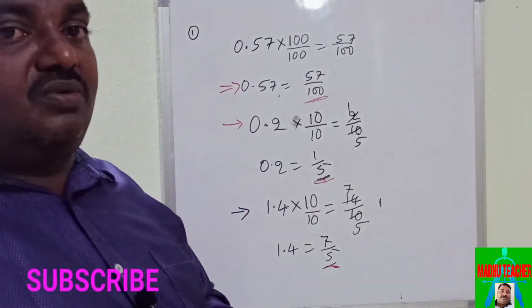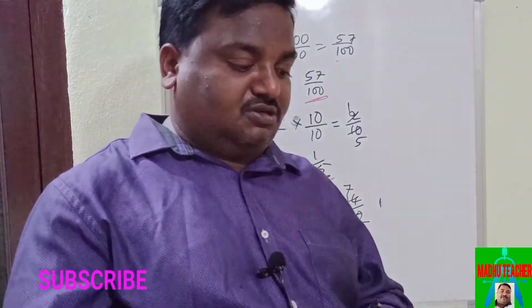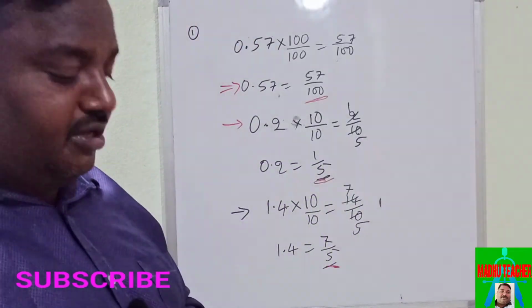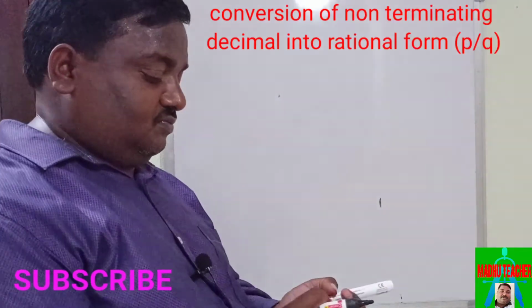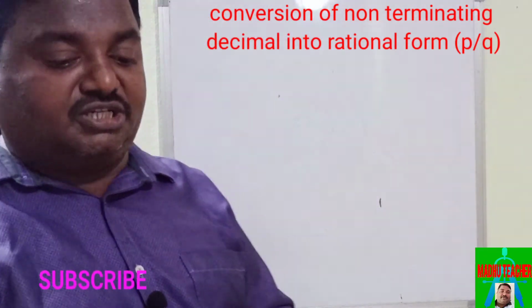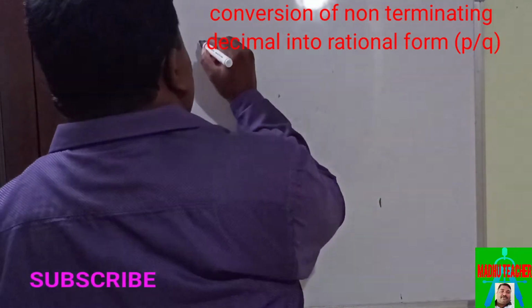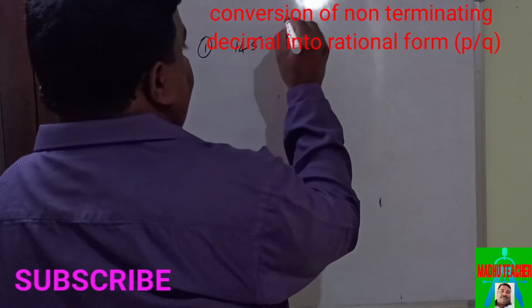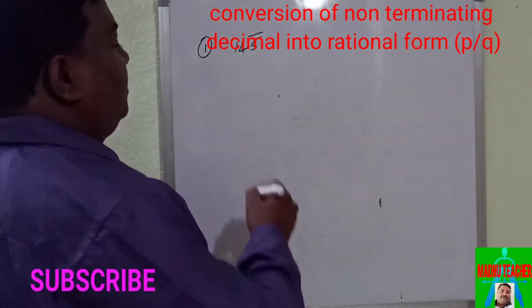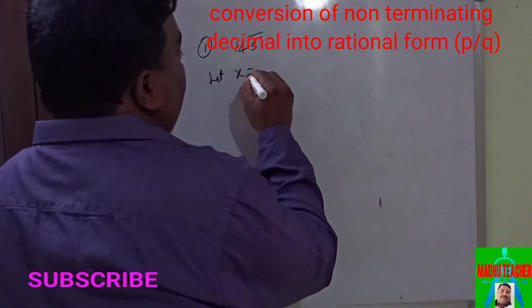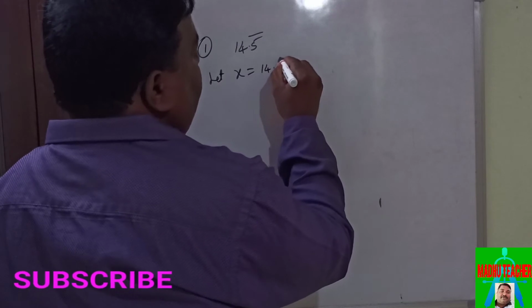Now, conversion of non-terminating decimals into rational form. Suppose 14.5 bar. Let us take it as x. Let x equal 14.5 bar.